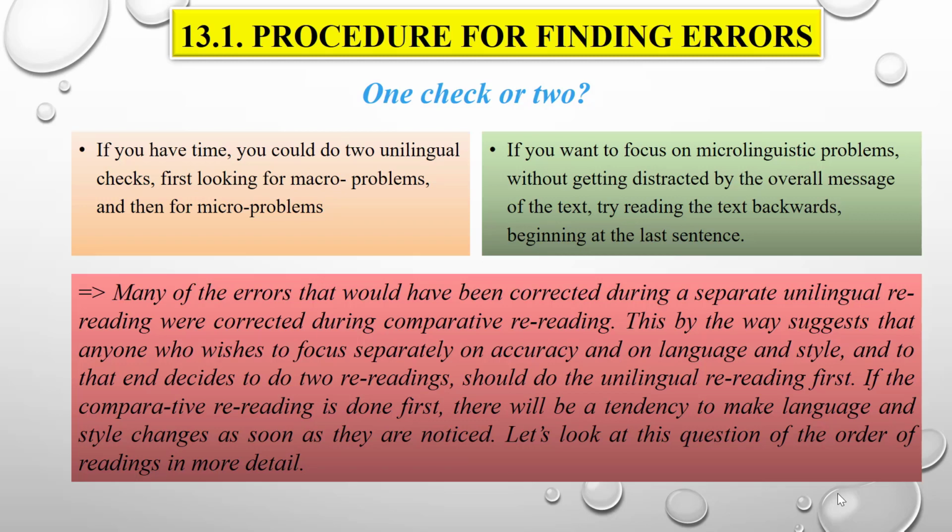If the comparative rereading is done first, there will be a tendency to make language and style changes as soon as they are noticed. Let's look at these questions of the order of reading in more detail.